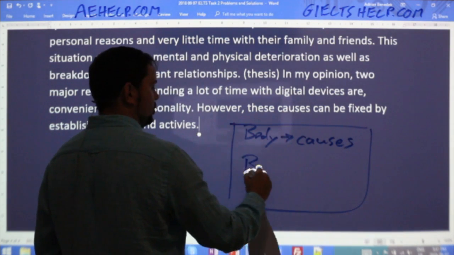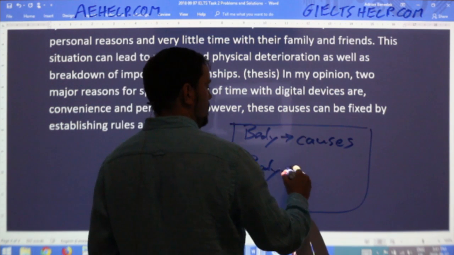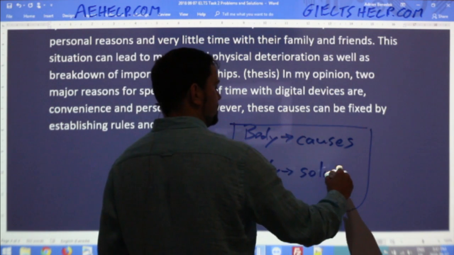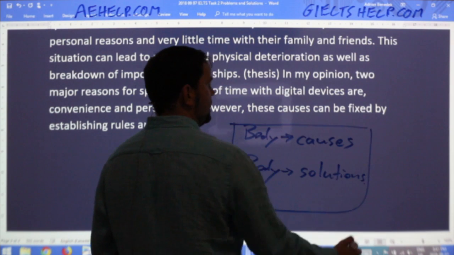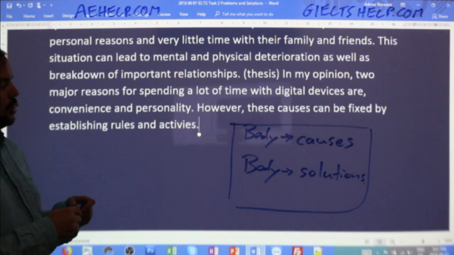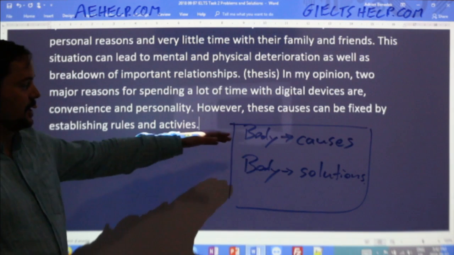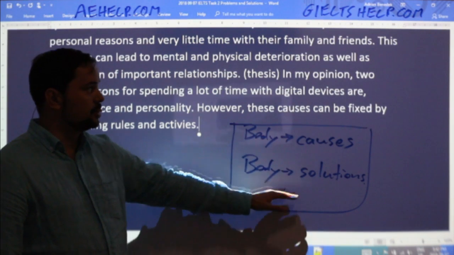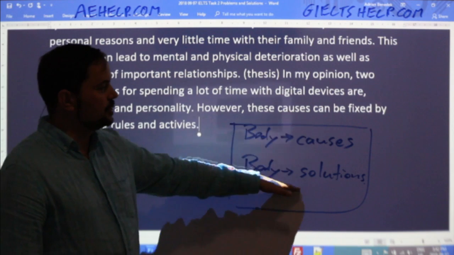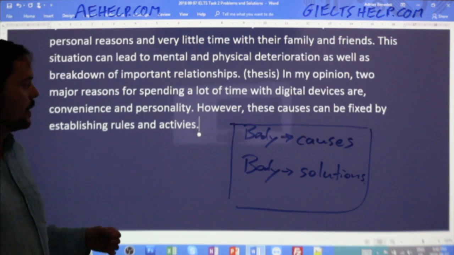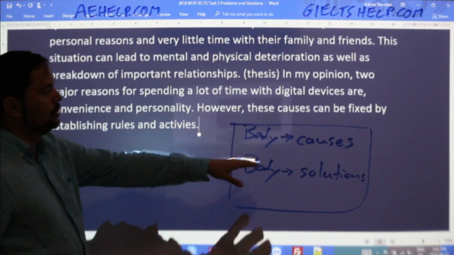And body 2, we'll talk about the solutions. Okay, so the reason I chose this structure for body 1 and body 2, in this case, talking about causes and then talking about solutions, is because the solutions are not necessarily directly related to the causes.